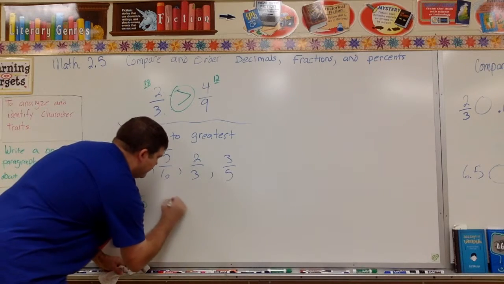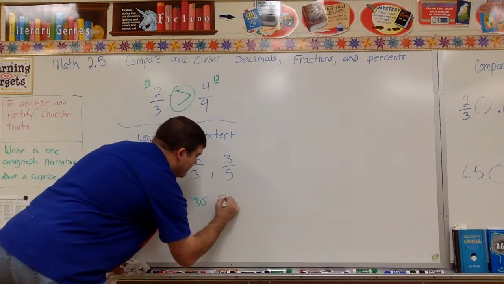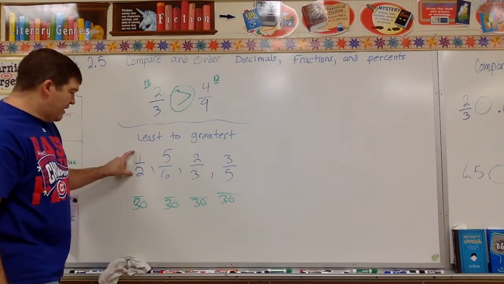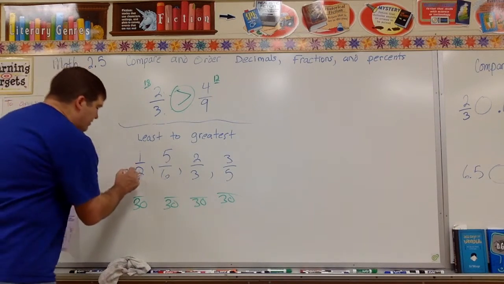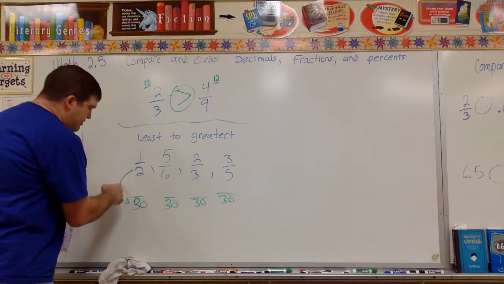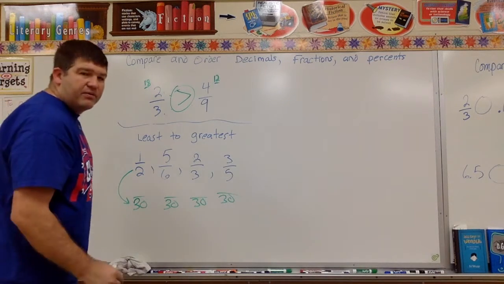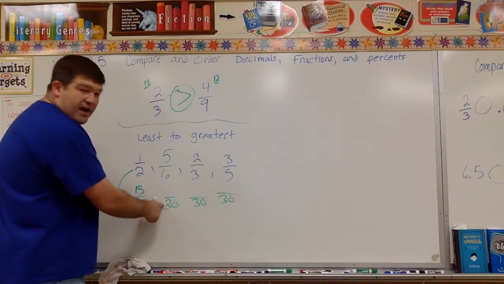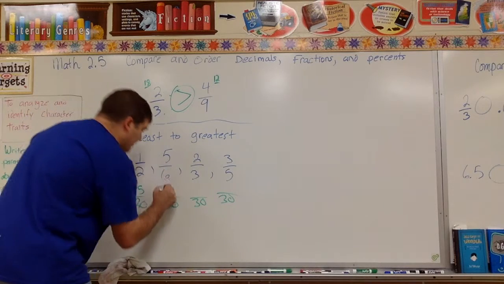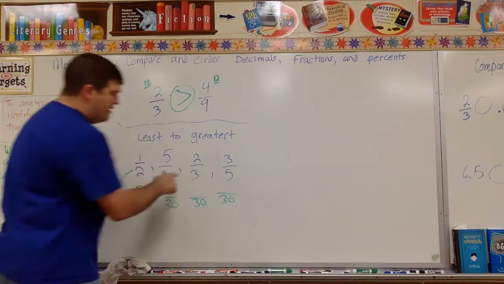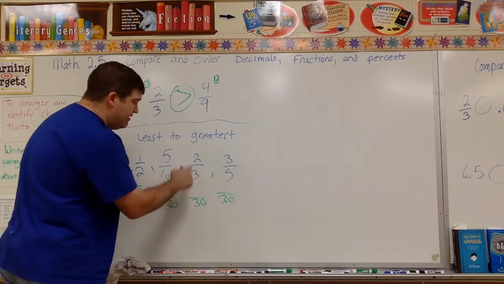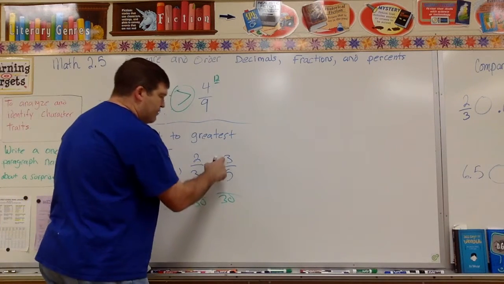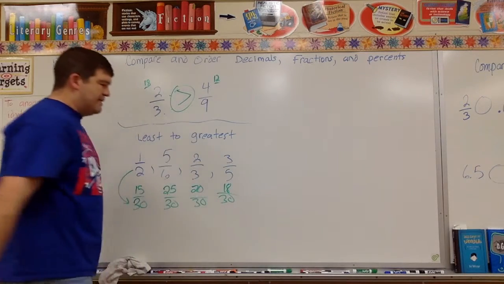30, 30, 30, 30. So the way I get this 1/2 to be something over 30 is I go from this to this. 2 times 15 equals 30. 1 times 15 is 15. 6 times 5, so I got to do 5 times 5, 25. 3 times 10, so 2 times 10 is 20. 5 times 6, so 3 times 6 is 18.